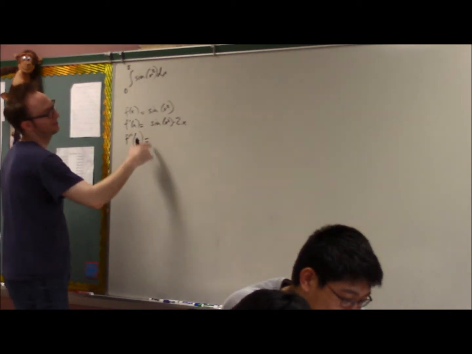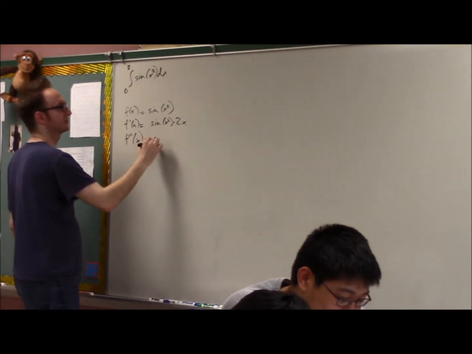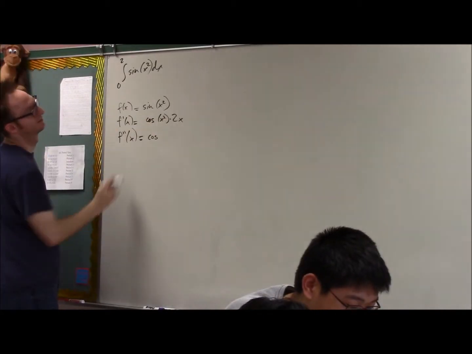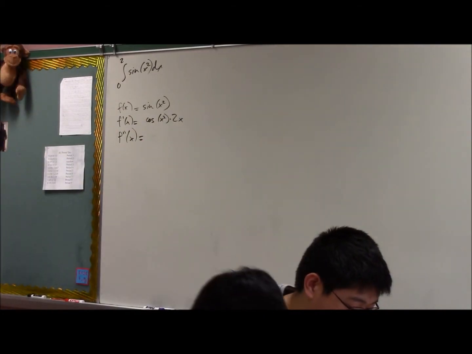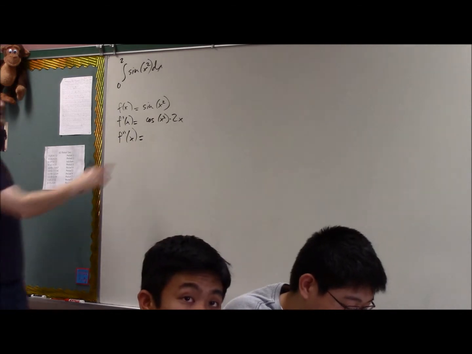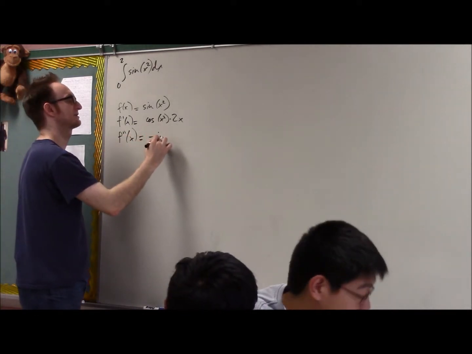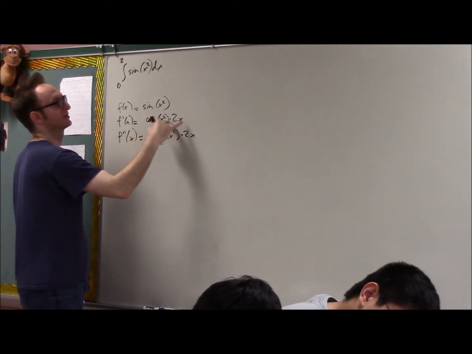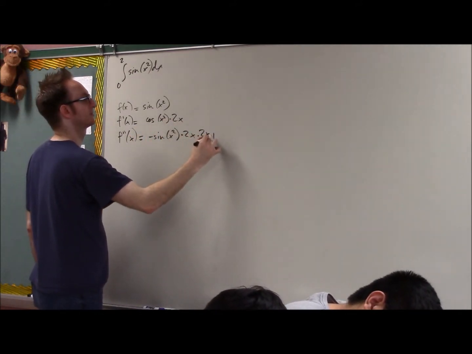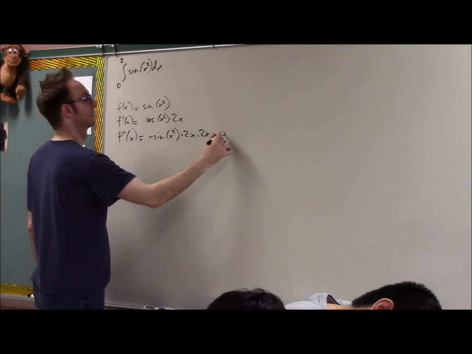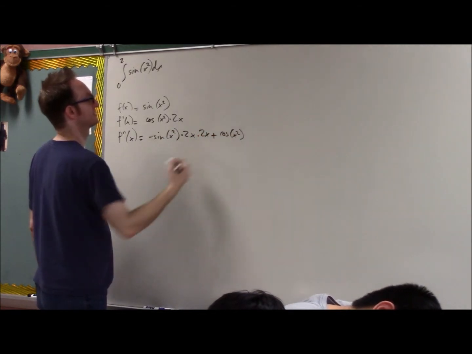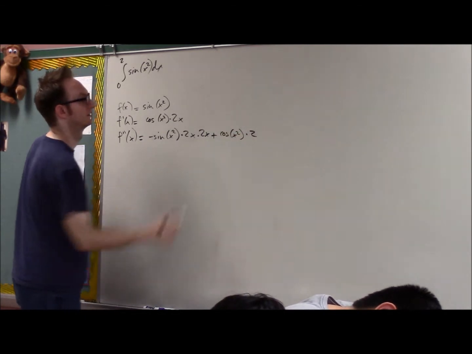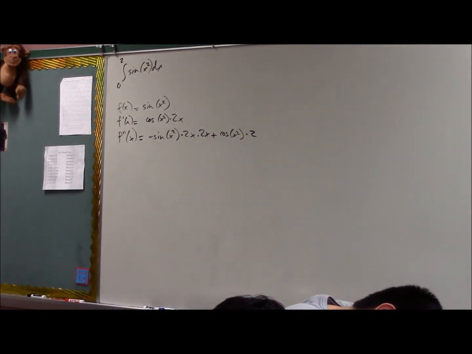This is a little bit annoying, but it's the derivative of the first, which is negative sine of x squared times 2x, times the second, plus the first times the derivative of the second. I think I did that right.